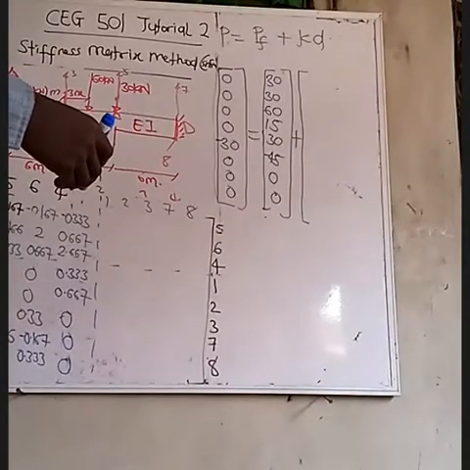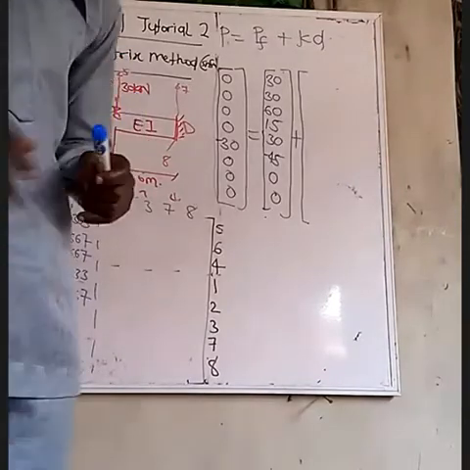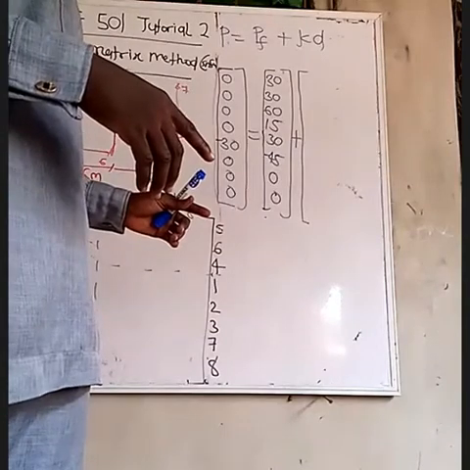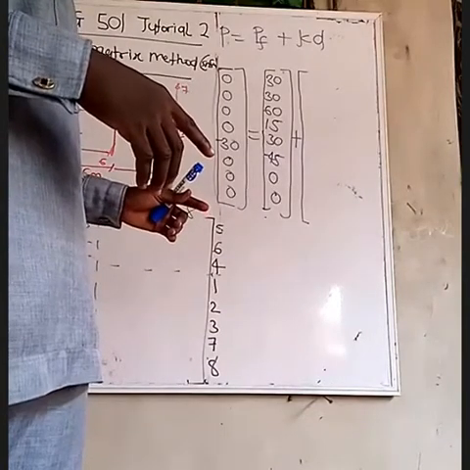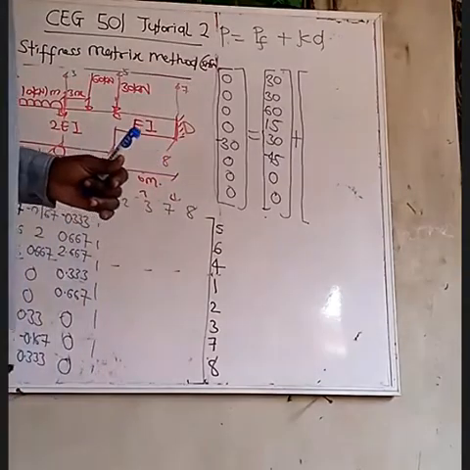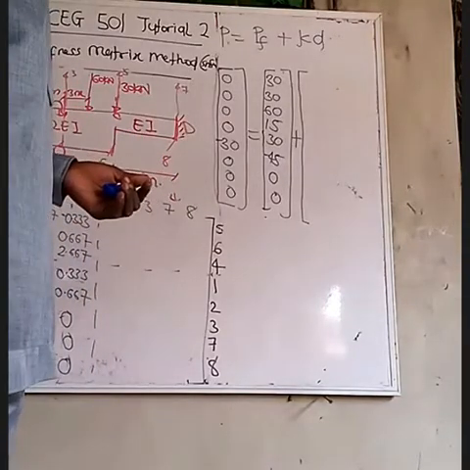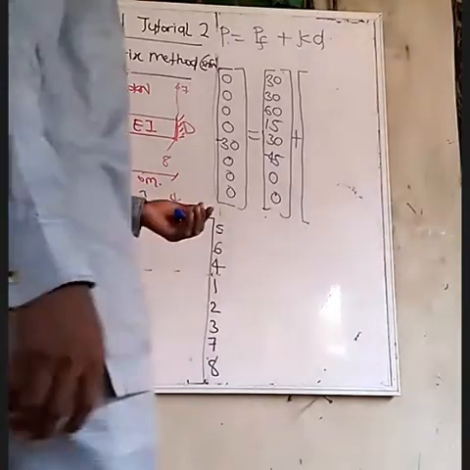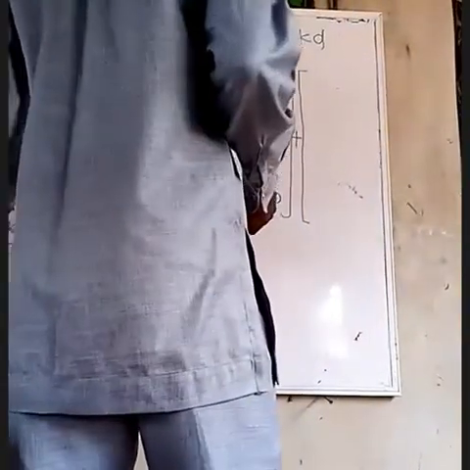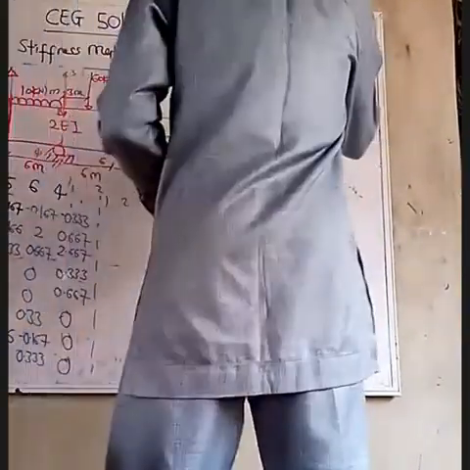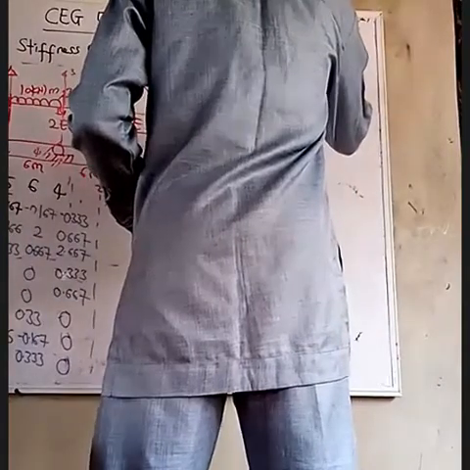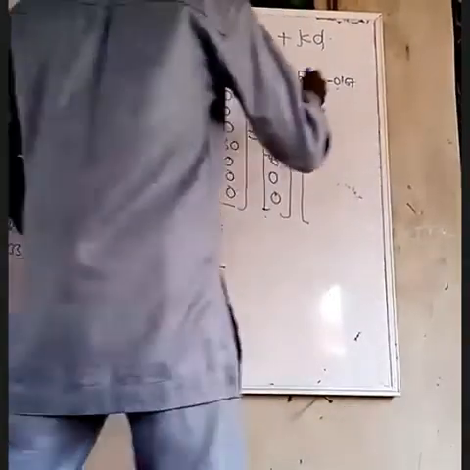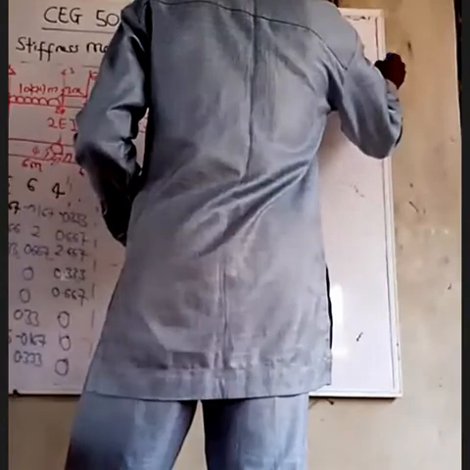But the one that we need now is 0.167, minus 0.167, minus 0.333. Hey, my board is small.